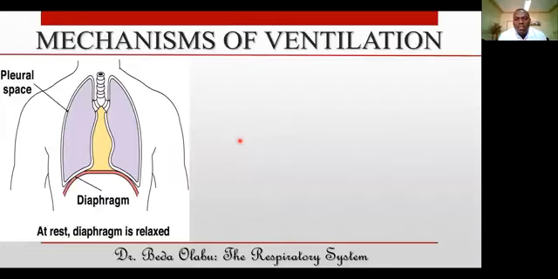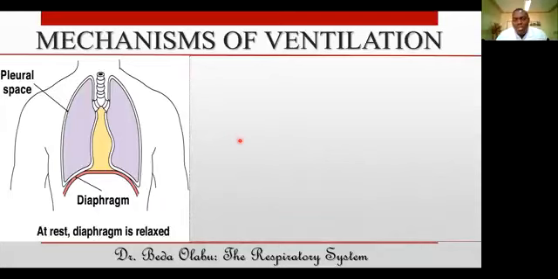So the mechanisms of ventilation that I'm going to talk about here are mechanisms that increase the volume of the chest cavity. These mechanisms act by increasing at least one of the dimensions of the chest cavity. We've talked about the vertical dimension, the transverse dimension, and the anteroposterior dimension.